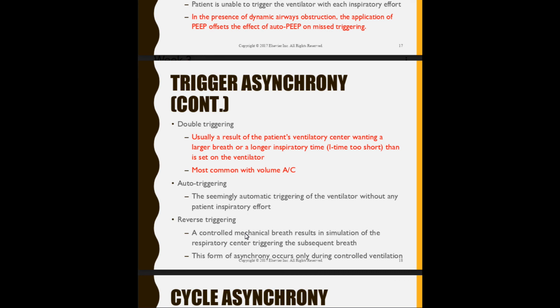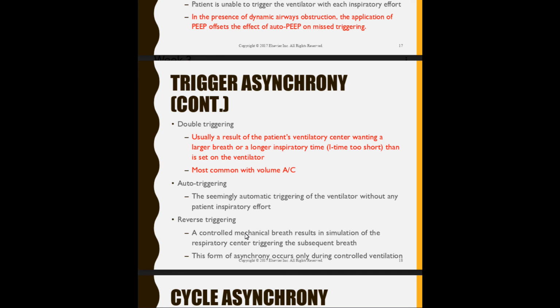Normally, it's a result of the patient's ventilatory center wanting a larger breath or a longer inspiratory time, meaning the I time is too short than what is set on the ventilator. The patient sends a signal to the diaphragm. The diaphragm drops, increasing our tidal volume, but the brain says, I don't like that, I want another one.